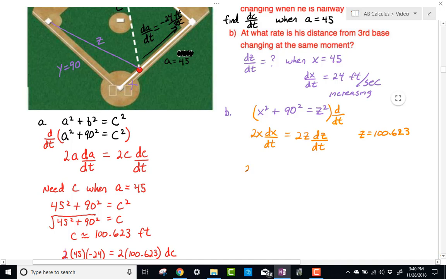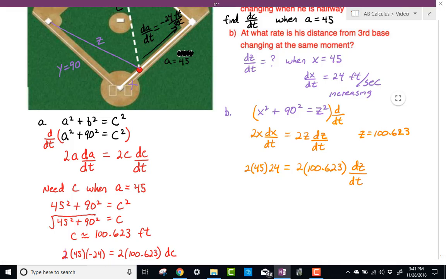So here we go. 2 times x, which is 45, times dx dt, which is 24, equals 2 times 100.623 dz dt. You may be noticing some familiarities to the last problem here.